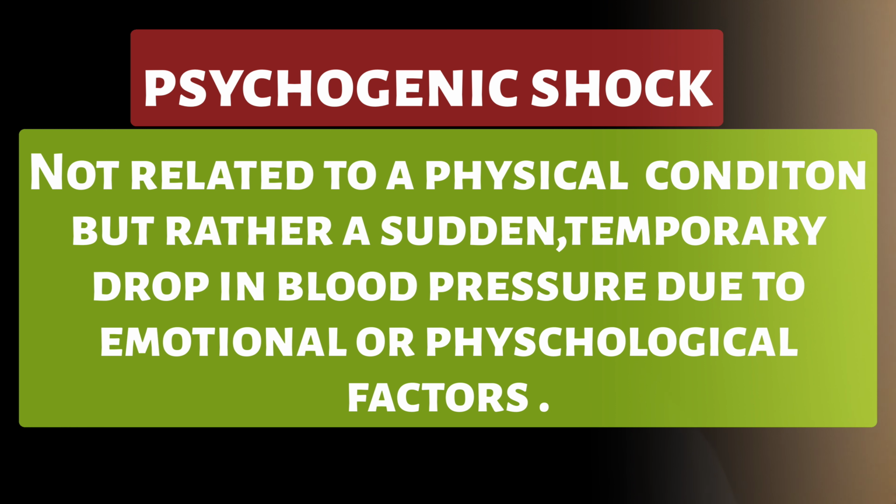So when a person experiences intense emotions or stress, the autonomic nervous system can overreact, leading to a sudden decrease in blood pressure and heart rate. And this reaction is usually mediated by the vagus nerve, which is part of the parasympathetic nervous system. So with the neurogenic shock, we talked about the sympathetic nerves.